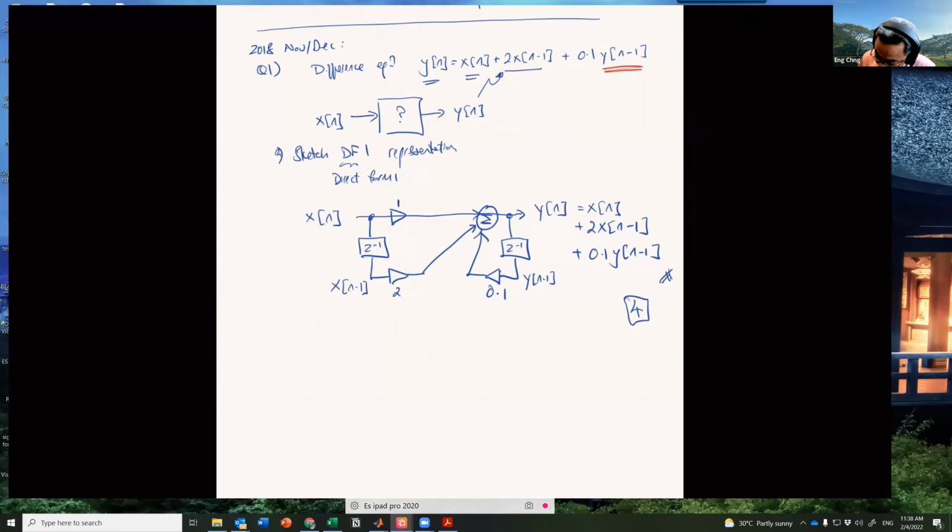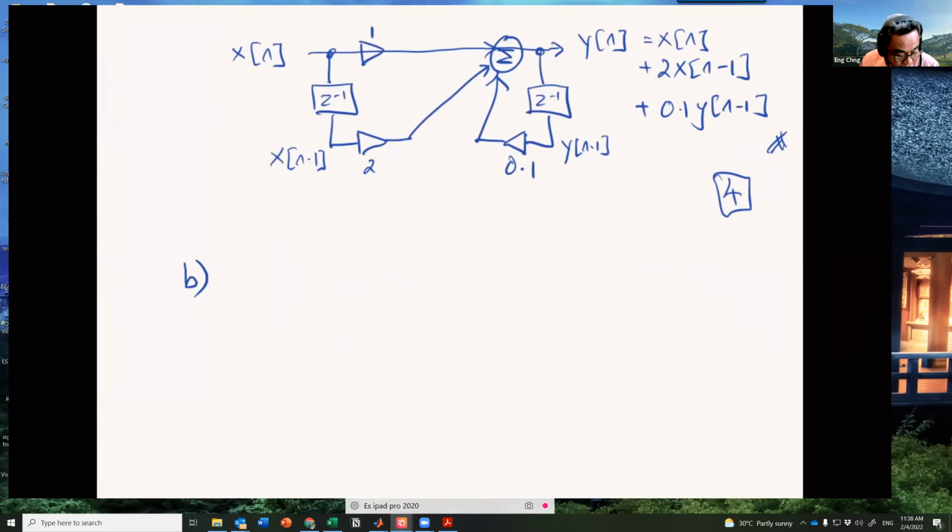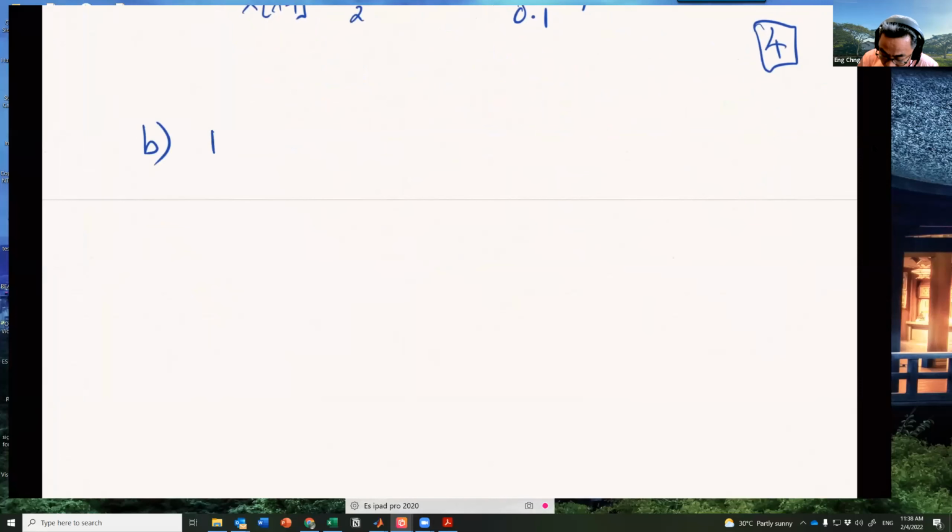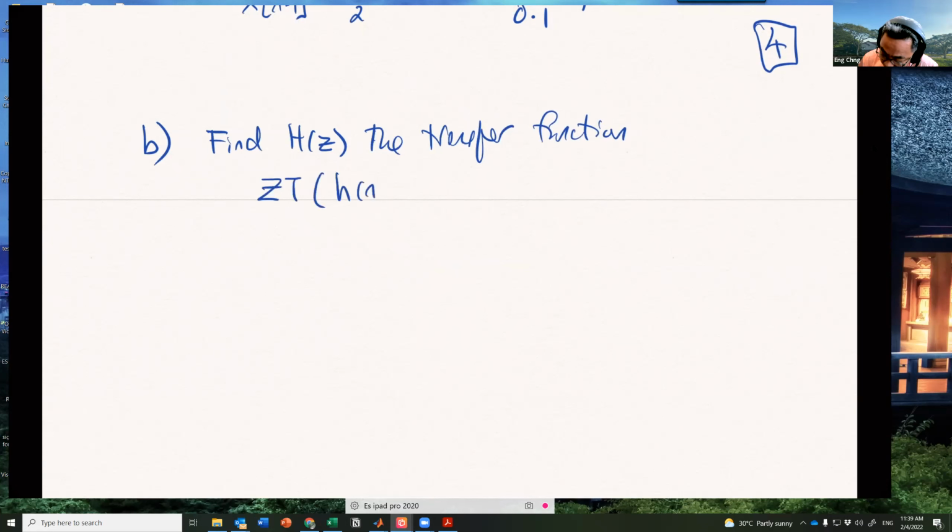Okay, now part B. The second part of the question says, find H of z, the transfer function. The transfer function. Where is the transfer function from? The transfer function is actually the Z transform of the impulse response. So this is the impulse response.